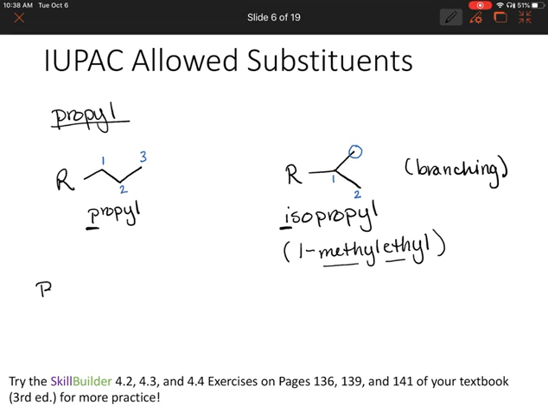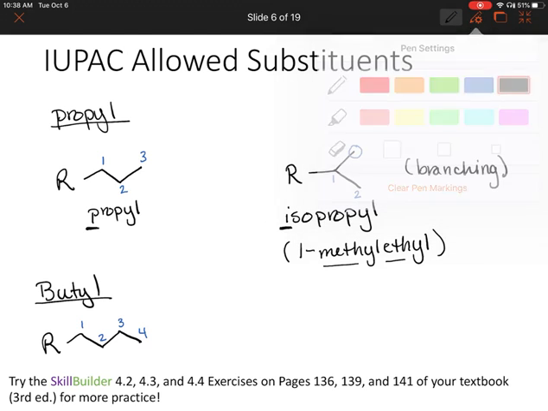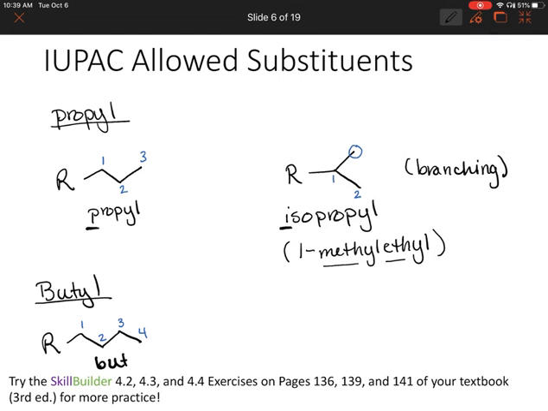Now there are also butyl groups. So we could just have a straight chain of carbons in our substituent, and this would just be called a butyl substituent. Or we could have some branching.